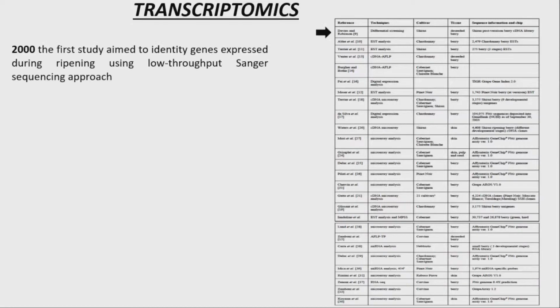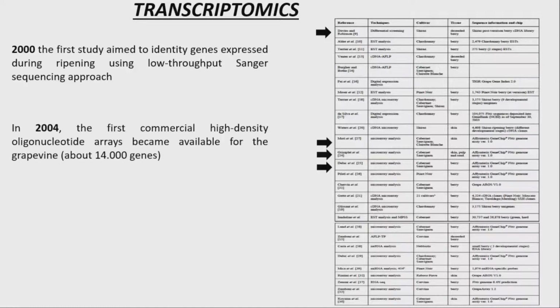In grapevine, we have a lot of works performed using these two transcriptomic approaches. We think that the first one could be considered the work performed by Davis and Robinson in 2000, in which the authors tried to analyze genes expressed during ripening.